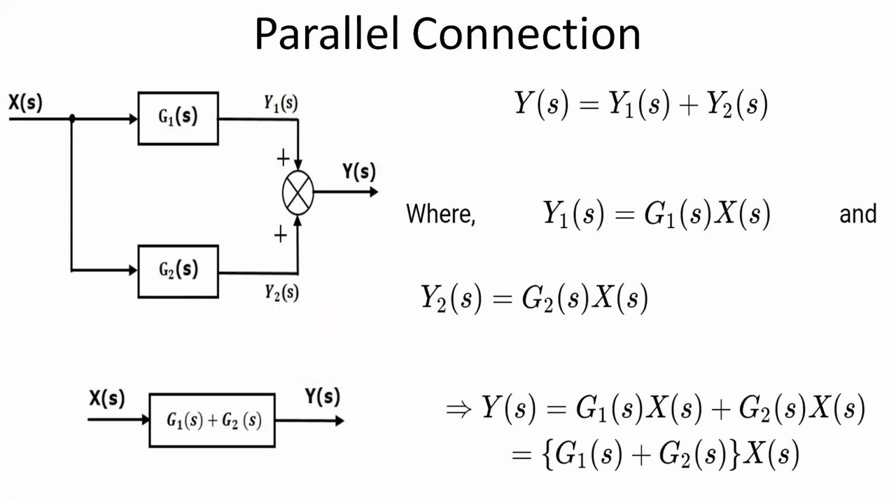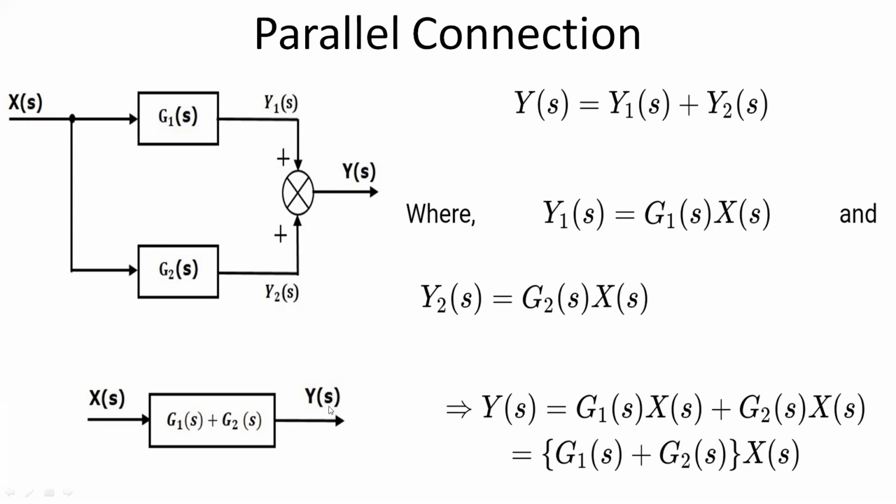If you see the parallel connection, the blocks G1(s) and G2(s) are connected in parallel here. And here Y1(s) and Y2(s) are given to the summing point. So Y(s) is equal to Y1(s) plus Y2(s), whereas Y1(s) is nothing but G1(s) into X(s), and Y2(s) is nothing but G2(s) into X(s).